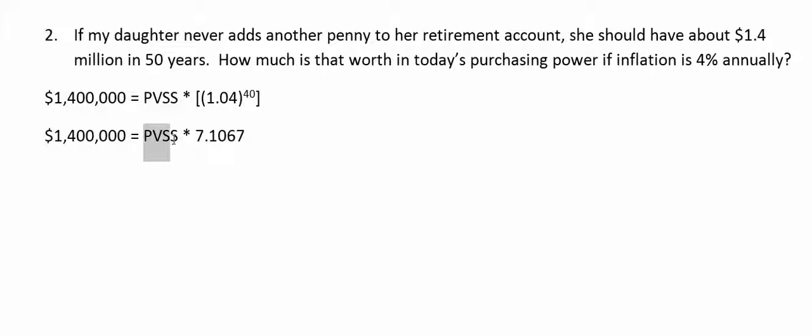And now because I'm after this present value of a single sum, if I divide both sides by 7.1067, that will get rid of it on the right hand side, and I'll be just left with the present value of a single sum.